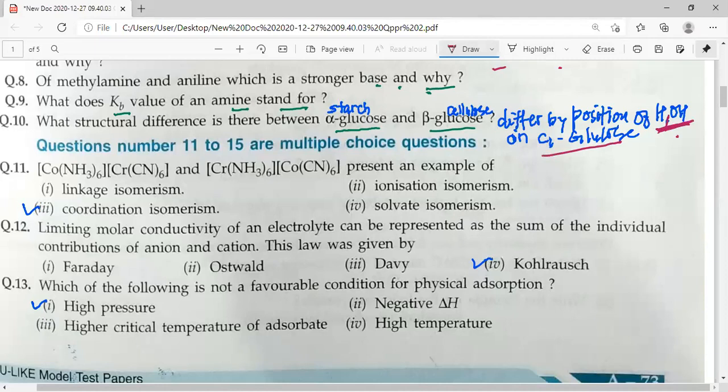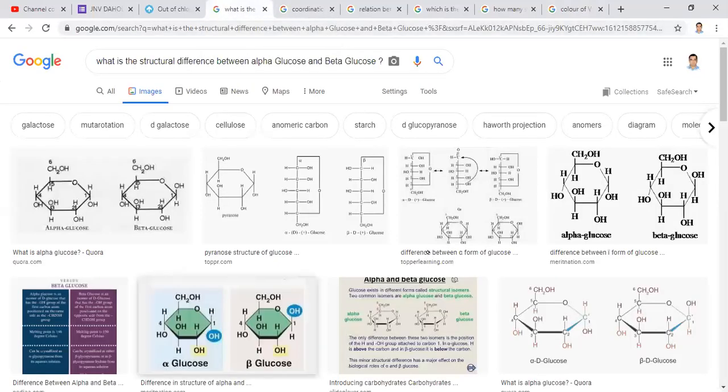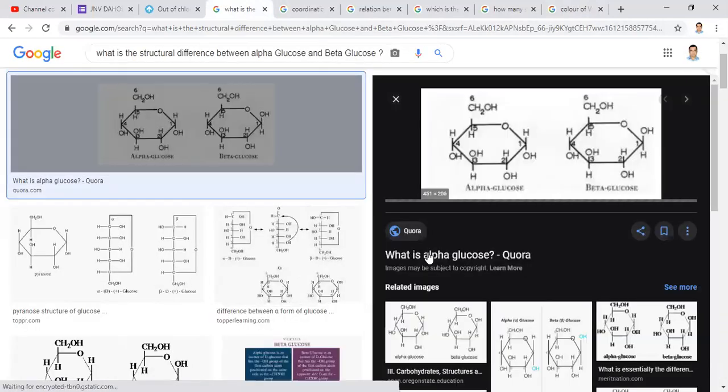I may try to show you the structure, my dear students. Please have a little patience. I'm trying to show you. Yes. Can you see this, my dear students? Dear students, can you see what I have been trying to show you? Please reply.